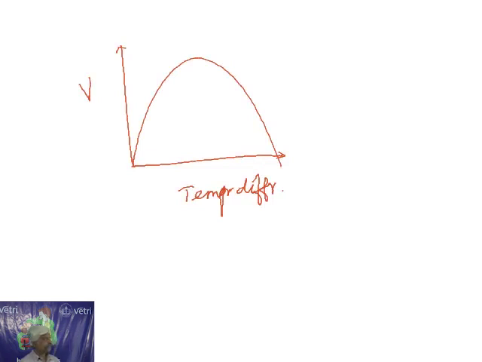What does it mean? Very simply, when the temperature difference increases, thermo EMF also increases. Kindly go through the graph. Whenever the temperature difference increases, thermo EMF increases and reaches a maximum value at a particular temperature difference, called the neutral temperature.